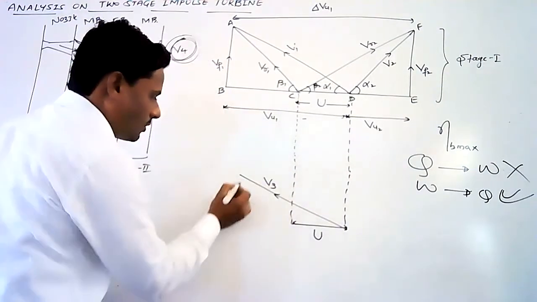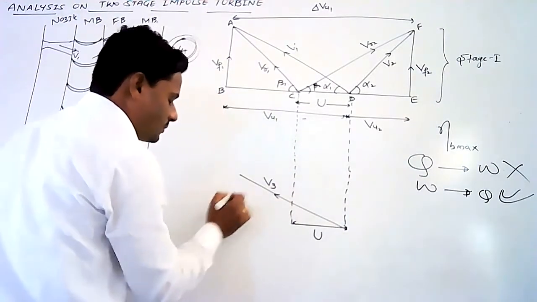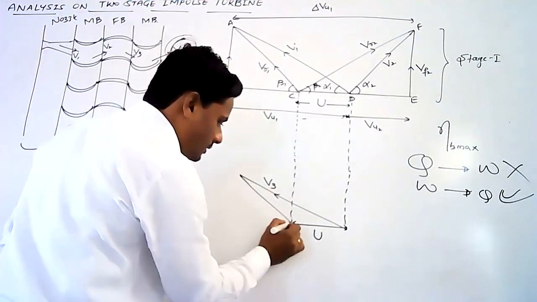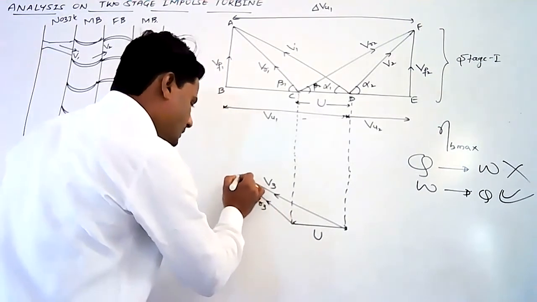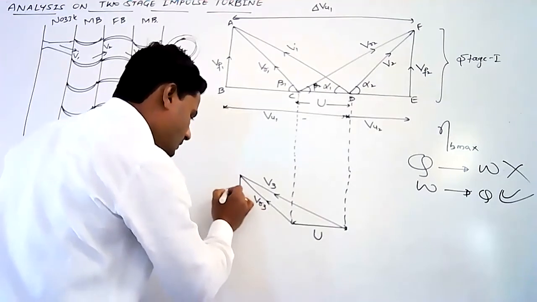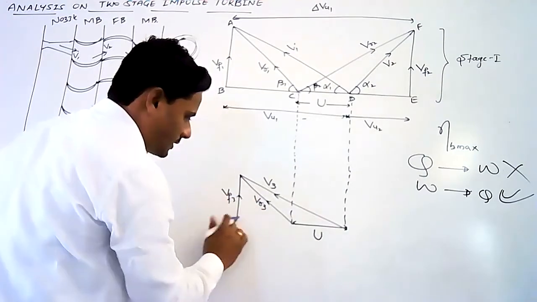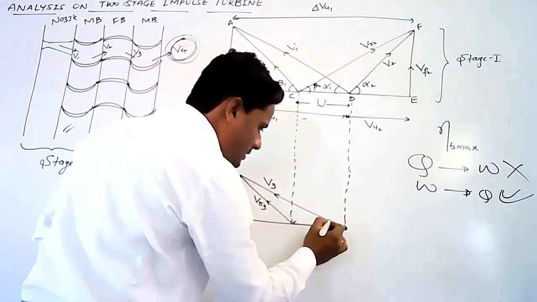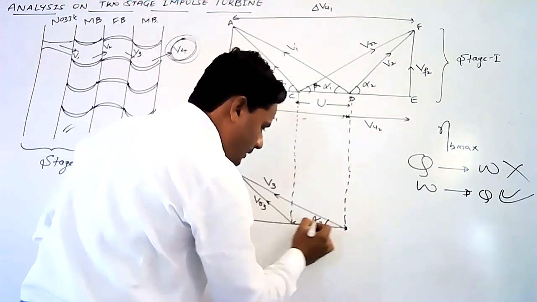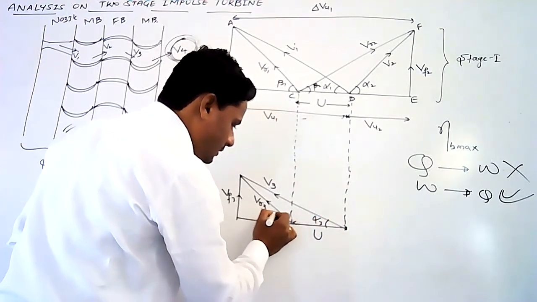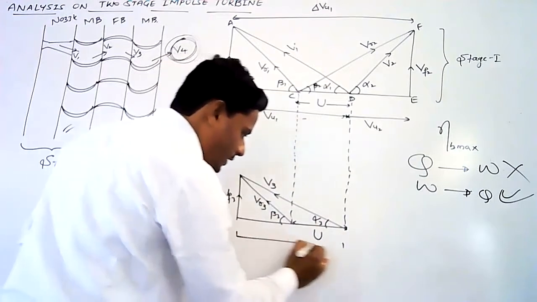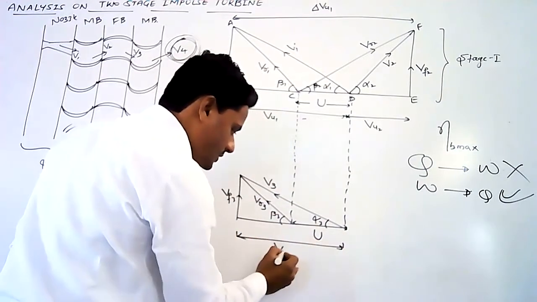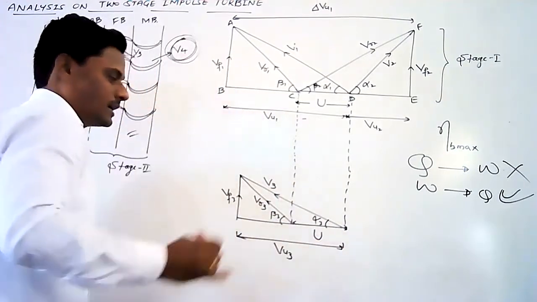V3 is the inlet velocity of steam to the second row of moving blades. This is VR3, the relative velocity component. This is VF3, the flow velocity component. This is alpha 3, and this is beta 3. This complete vector is VU3, the tangential velocity of the runner at the inlet.